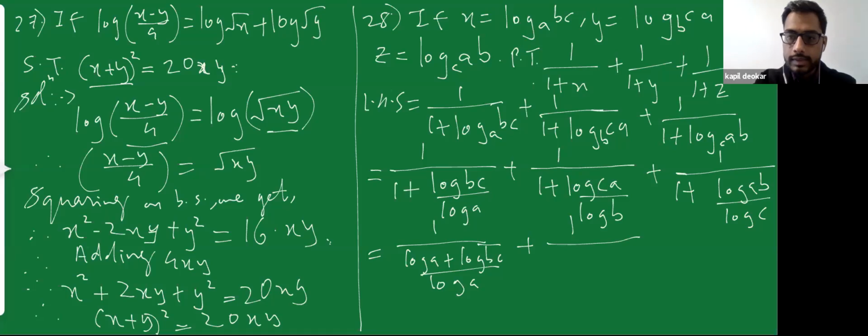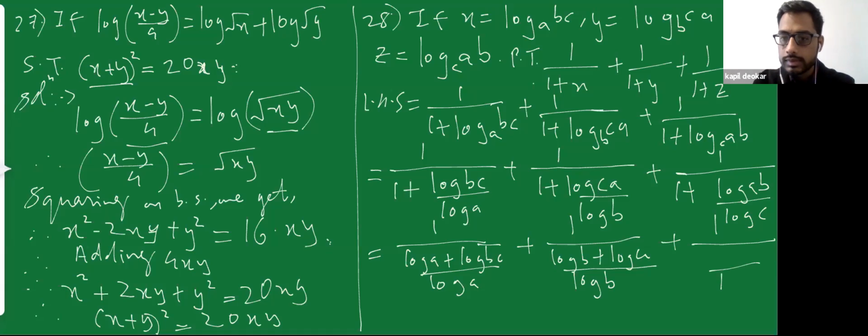Similarly over here, take log b as your LCM, so this would be log b plus log of ca. What I'm doing in this step, I'm just taking LCM, nothing fancy. So in this step, log c is my LCM, so this is log c plus log of ab.